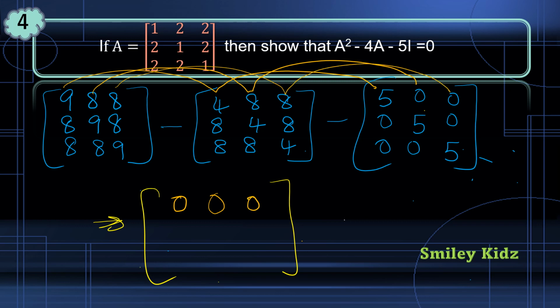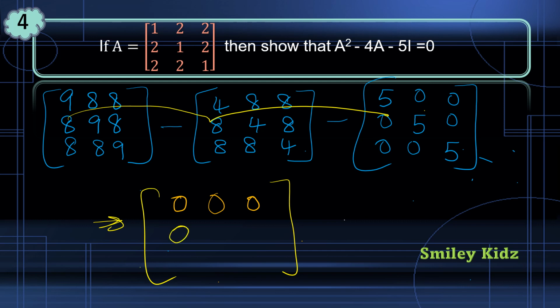That is 0 again. Now the second row. 8 minus 8 minus 0. Isn't it 0? Then 9 minus 4 is 5. 5 minus 5 is 0 again.